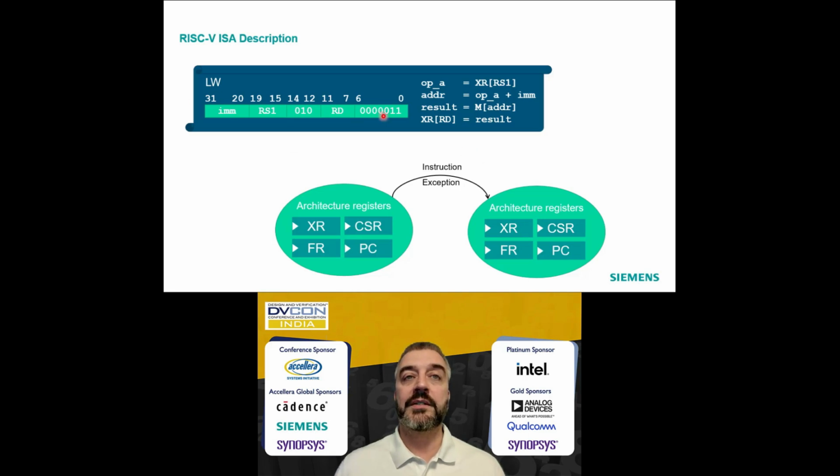You have your standard table for decoding, you have some pseudocode for execution, and then there's a bunch of architecture registers that are specified in the ISA, like the integer registers, floating point, the CSR, the program counter, privilege level, and whatnot. And essentially what this pseudocode is then telling you is how each and every instruction updates the registers. And it tells you exactly which one it's updating.